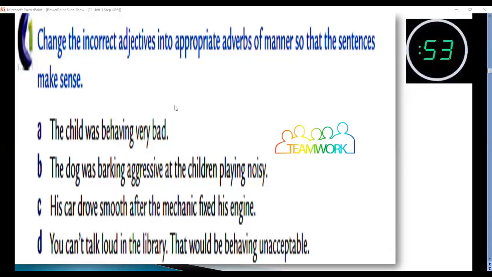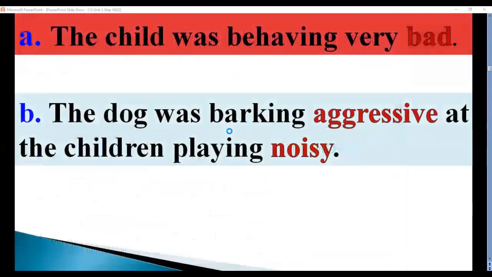Let's see here, dear students, think about A, B, C, and D. Here we have very bad, noisy, smooth, loud, unacceptable. All these are adjectives. We should change them into adverbs in order to make the sentences make sense. Take care. Have a look. The child was behaving very bad. Is it okay? I don't think so.